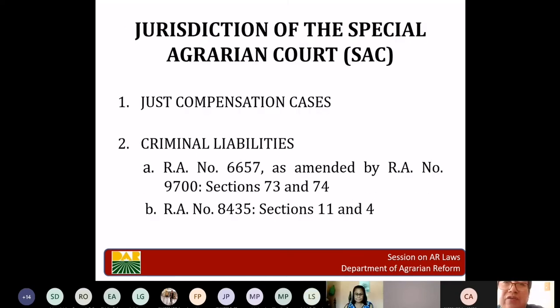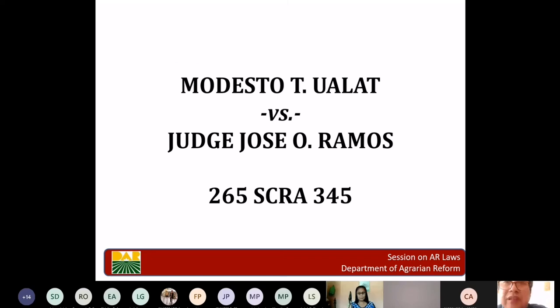Now, jurisdiction of the Special Agrarian Court, just take note of Section 57. We discussed this already. In Modesto versus Uwalat, an ejectment case, unlawful detainer, was filed before the sala of Judge Ramos, despite the insistence of the respondent tenant that Judge Ramos, the MTC, has no jurisdiction because the DARAB has jurisdiction. In fact, the tenant in that case was represented by a DAR lawyer. Judge Ramos continued to assume jurisdiction.